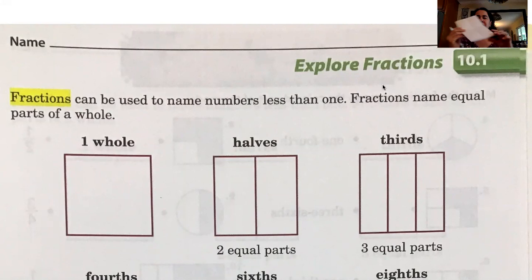Okay, then if I take my half and I were to fold it again, I would have 1/4 of the whole piece of paper that I started with. So I started with a whole, I folded it in half, so I had a half, then I took that half and I folded it in half and I got 1/4.